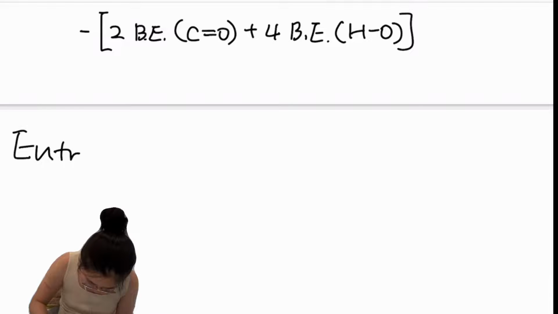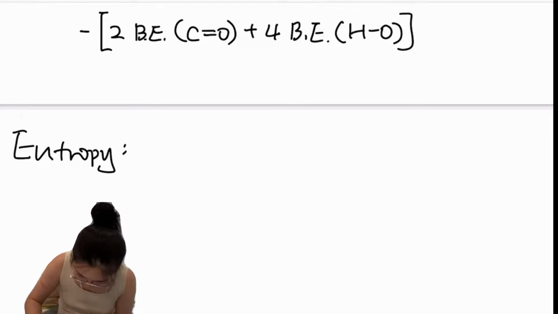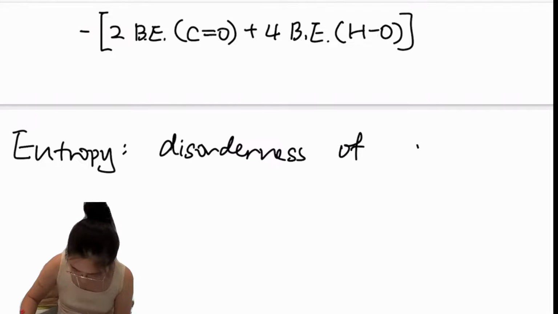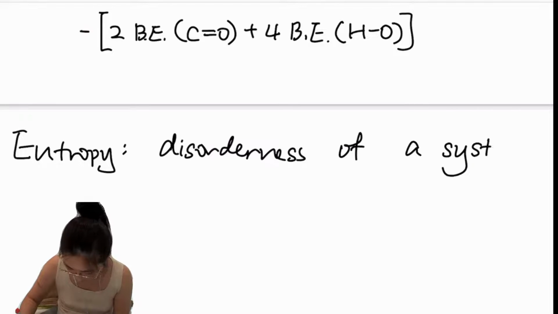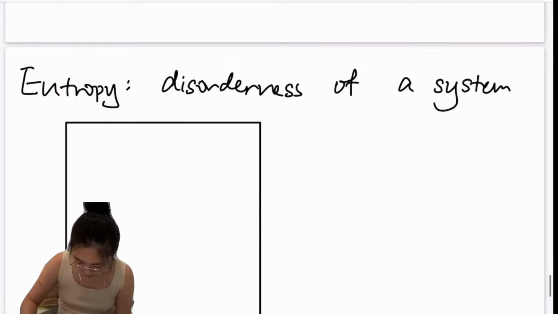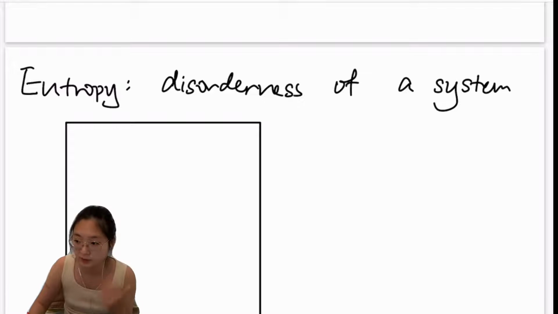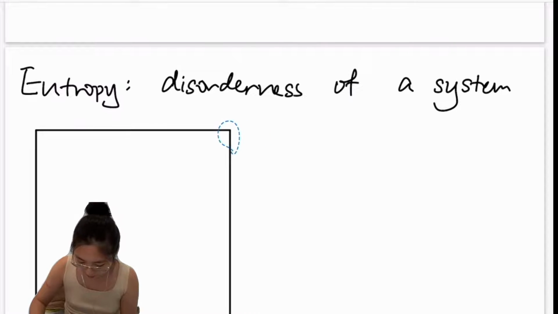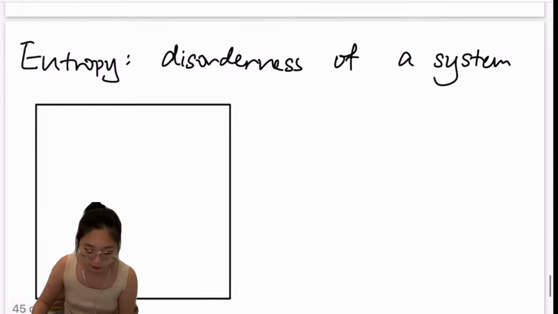So entropy is just a value that represents the disorderliness of a system. In chemistry, we use the arrangement of the particles in a sample to refer to the entropy.